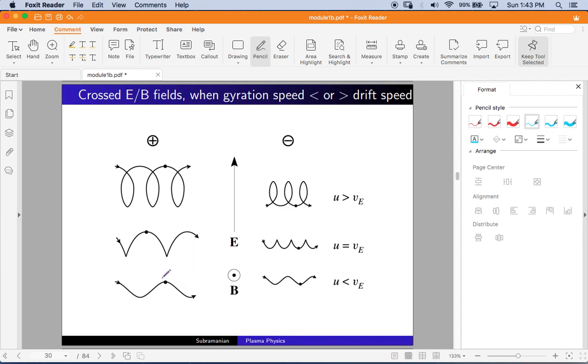If the drift is fast in comparison to the gyration speed, then you would have this kind of thing, where even this amount of gyration is not able to be completed. So this would be the drift velocity.